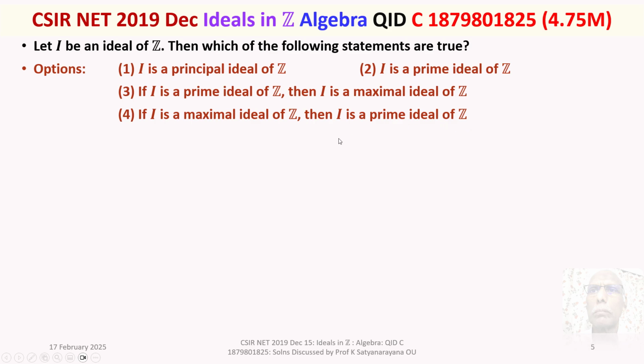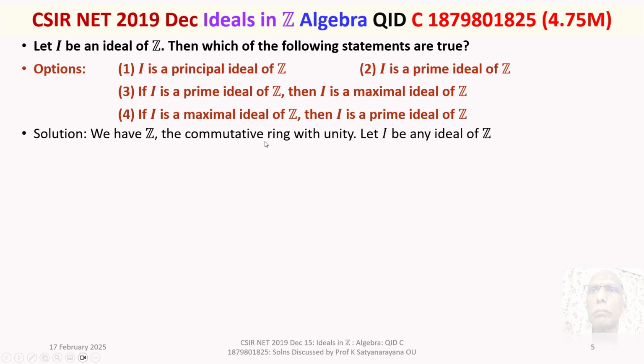So this question basically talks about the ideals of the ring of integers. Let's now discuss the solution of the problem in detail. We have Z, the commutative ring with unity. Let I be any ideal of Z. Let us take option 1. I is a principal ideal of Z. Is it so?